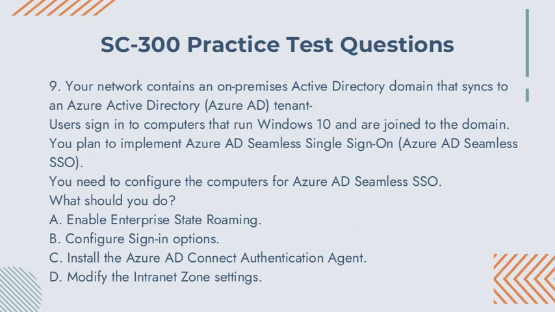You need to configure the computers for Azure AD Seamless SSO. What should you do? A. Enable enterprise state roaming. B. Configure sign-in options. C. Install the Azure AD Connect authentication agent. D. Modify the intranet zone settings.